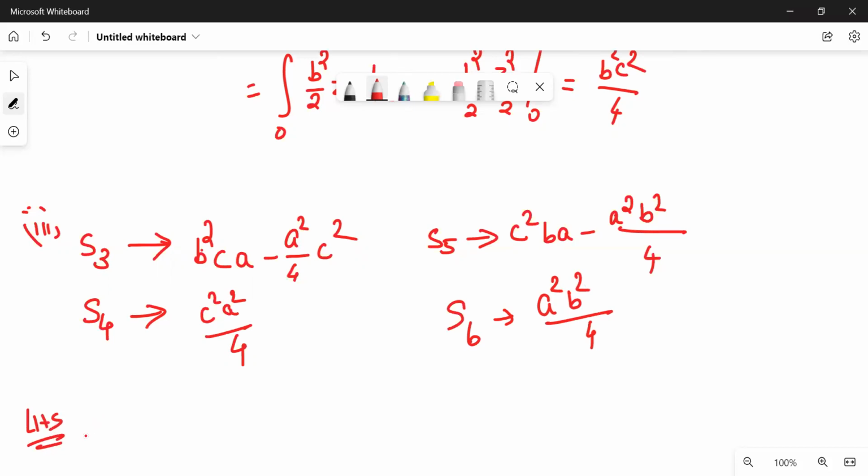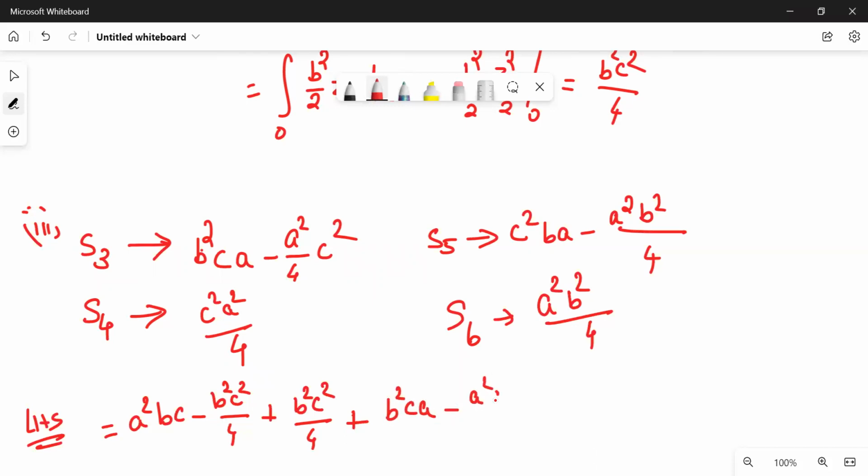So LHS, we have to add up everything. That is a square bc minus b square c square by 4 plus b square c square by 4 plus b square ca minus a square c square by 4 plus a square c square by 4 plus c square ba minus a square b square by 4, and the sixth surface double integral value we have got as a square b square by 4.